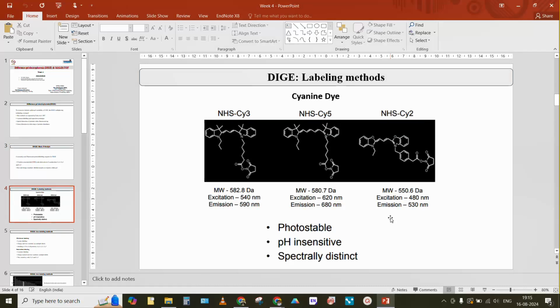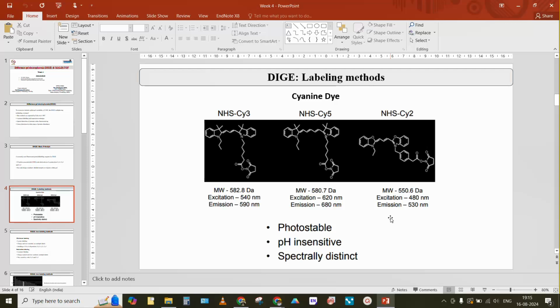Now let's talk about the labeling method used in DIGE technology. In the two-dimensional electrophoresis workflow, in the last class we looked at different staining methods currently available, such as Coomassie, silver staining, and SYPRO Ruby, and there I briefly described cyanine dyes. In DIGE technology, those cyanine dyes are used. There are three different cyanine dyes: Cy3, Cy5 and Cy2, and their excitation and emission wavelengths are defined.